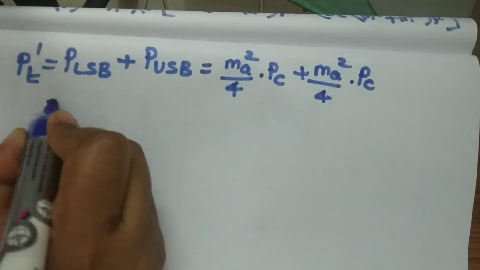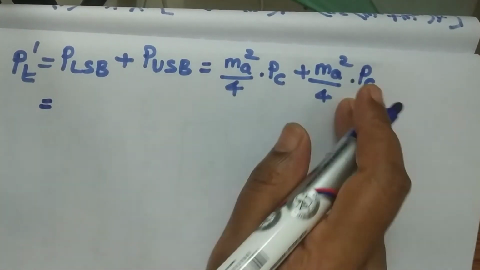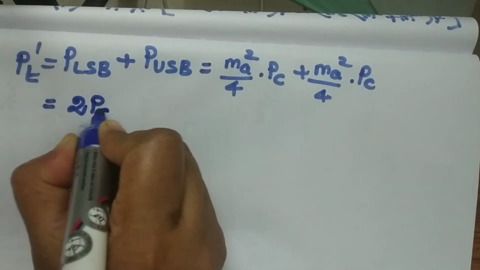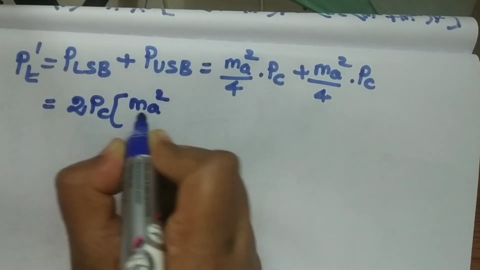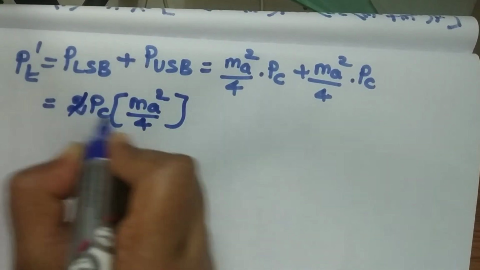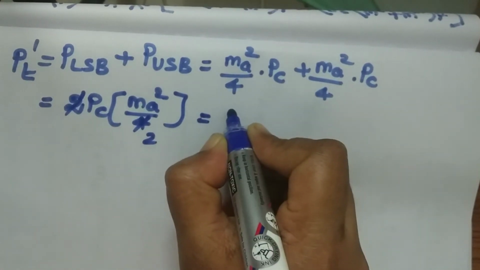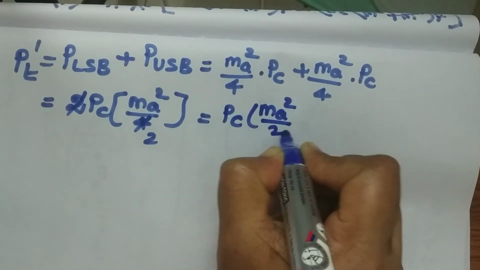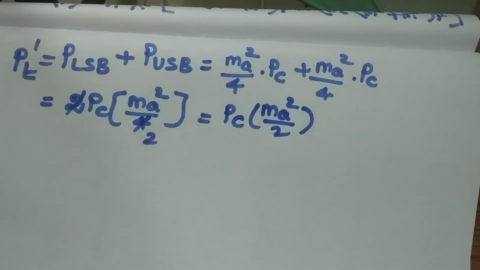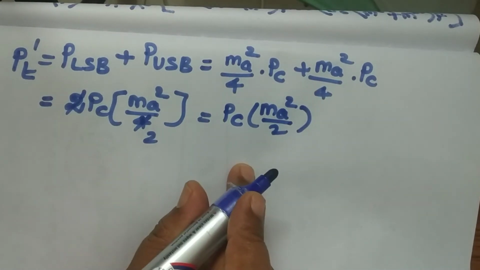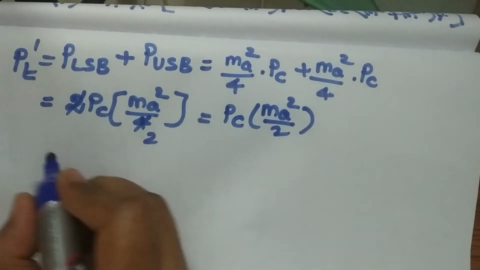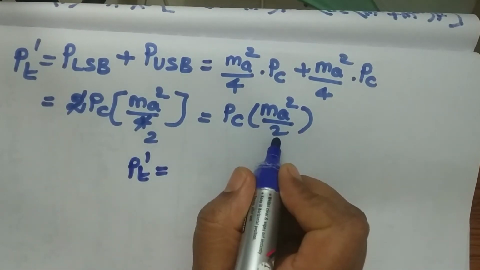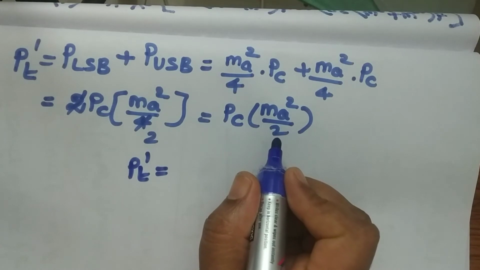From this expression, twice the same terms, 2 PC into MA squared by 4. So the equation becomes PC into MA squared by 2. So this is the total power for double sideband suppressed carrier, isn't it? So PT dash is equal to 1 by 2, which is nothing but 0.5.